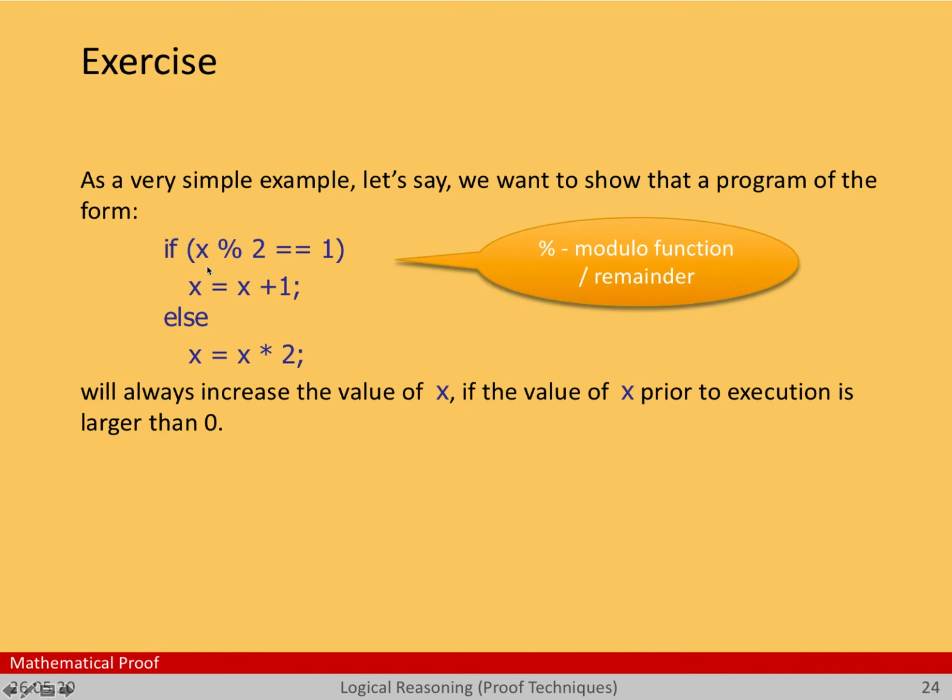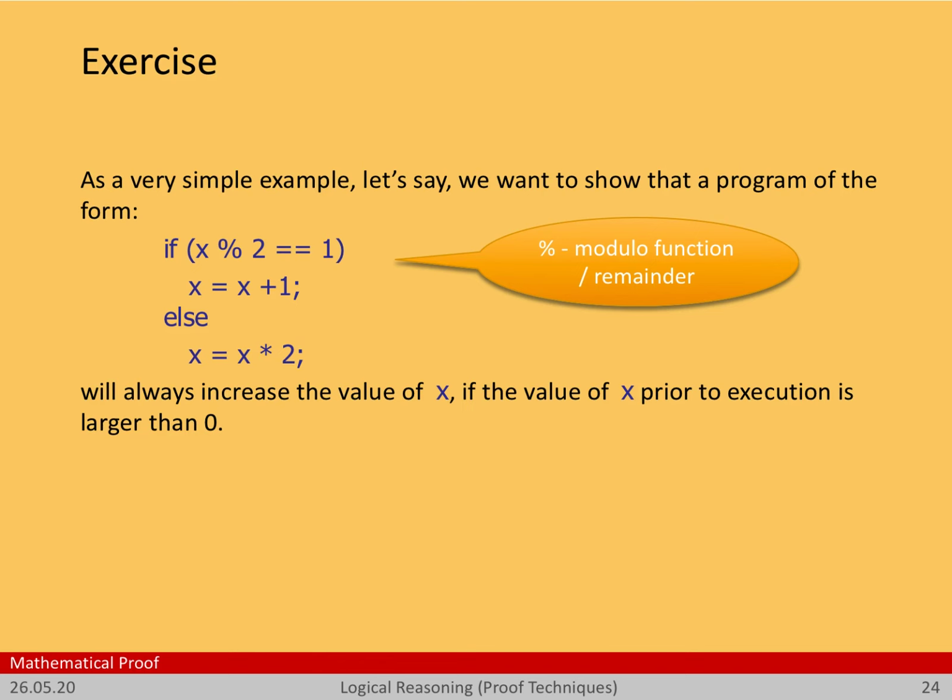Just as a word of explanation, this percentage sign is a modulo function or remainder of an integer division, meaning if I divide an integer number, then of course I cannot get a fractional result if I use integer operations. So if, for example, I divide 7 by 2, then I get 3.